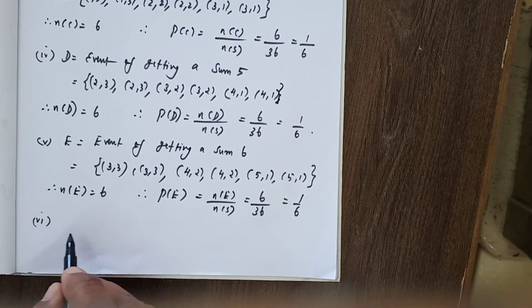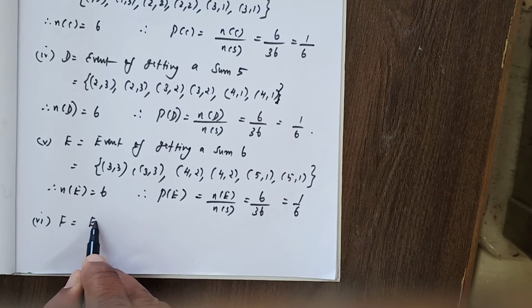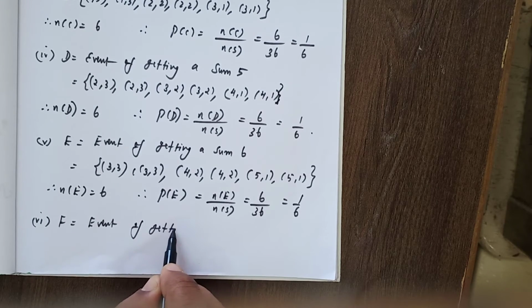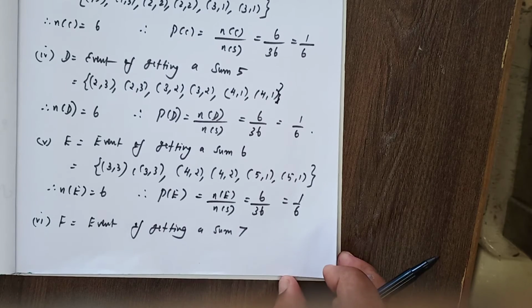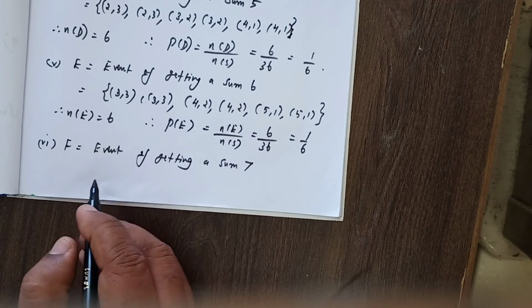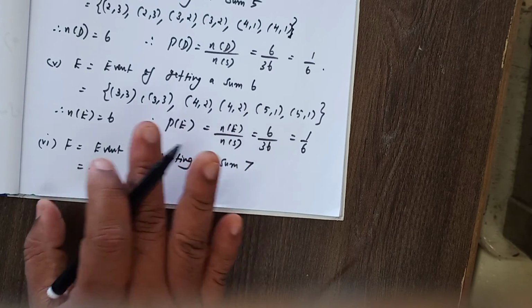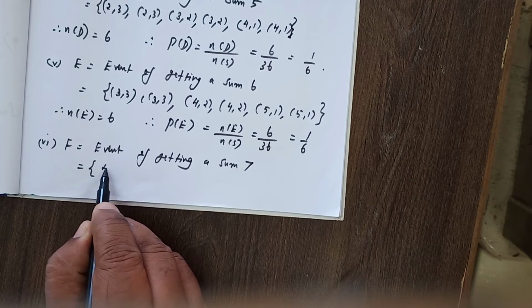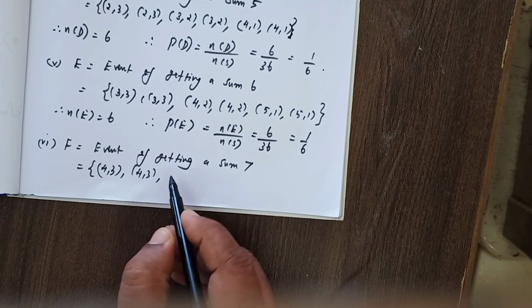Now sixth subdivision, F equals event of getting a sum 7. For getting 7 in total, we have first row no chance, second row no, third row no. Now in the fourth row, we have 4, 3, again 4, 3.